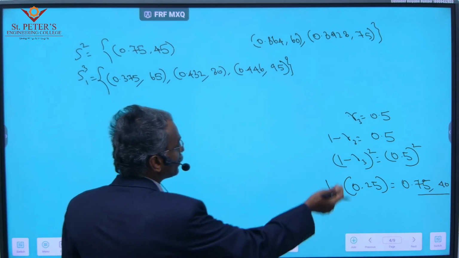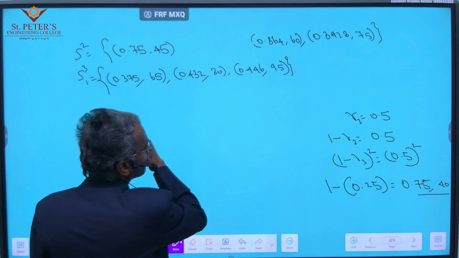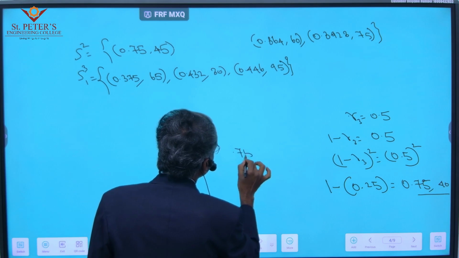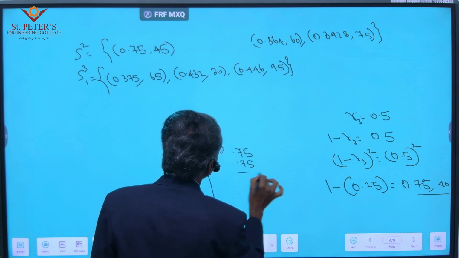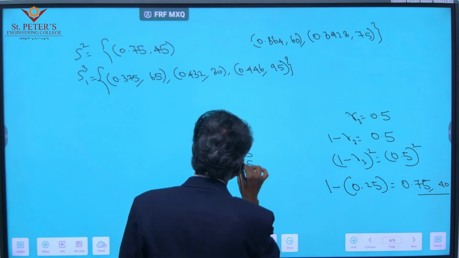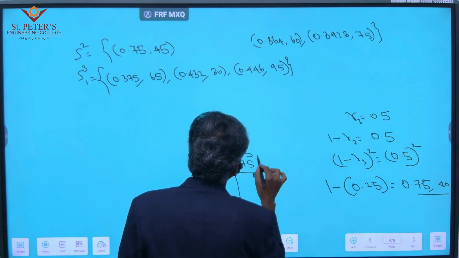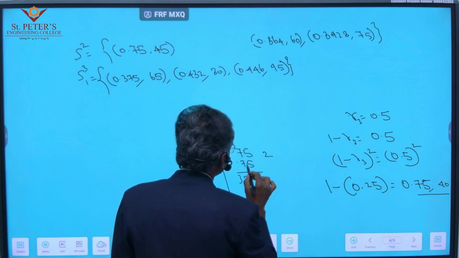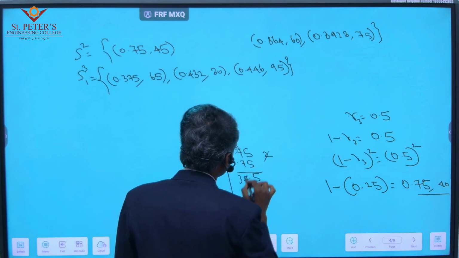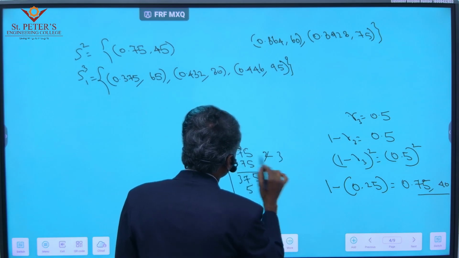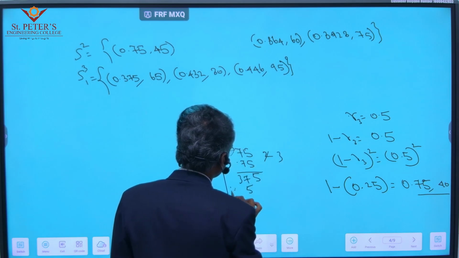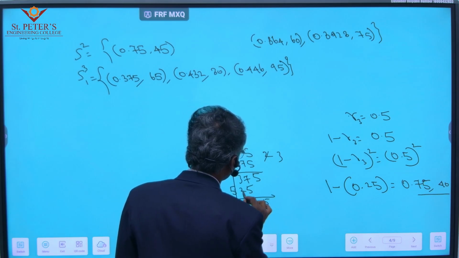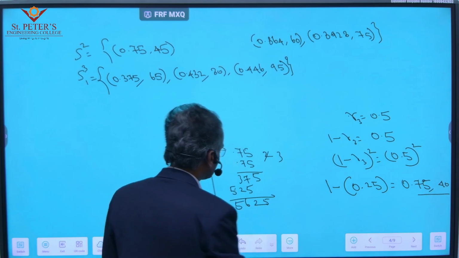So with that we need to do 0.75 into 0.75, which gives 0.5625.